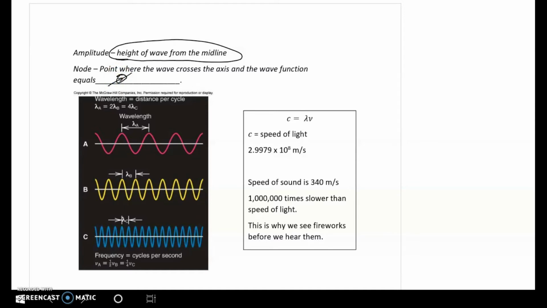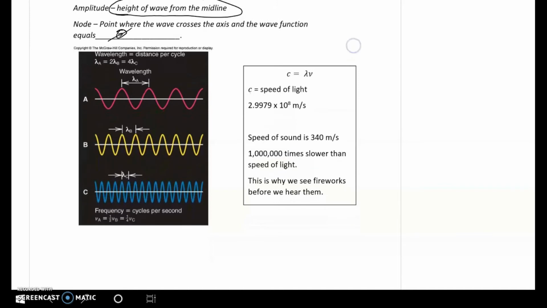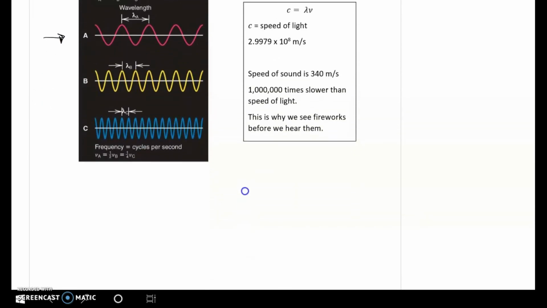All right, so now I'm going to point out everything that I've just said. So in this picture, notice here, I'm looking at A. Now the wavelength, well, let me draw a little picture as well. I'm going to focus on A. If I draw one wavelength, that could mean from this portion to this portion, so that's one complete cycle.